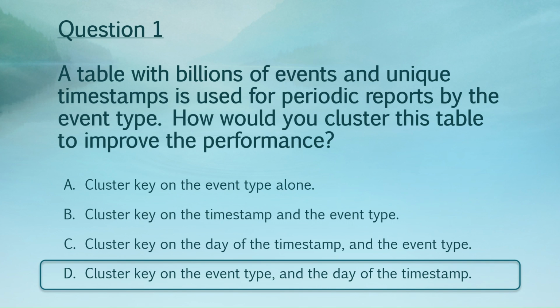And let's see why. What are the keywords here in our text? So definitely billions of events, and you may need clustering for this to improve performance. When you see cluster, okay, you have to know about the clustering keys in Snowflake.